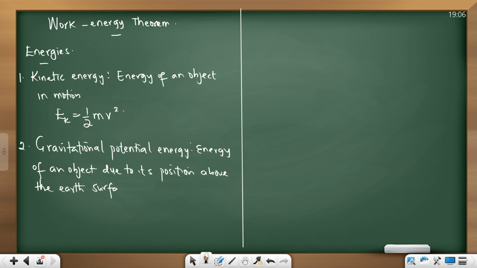Do you remember the formula? This is grade 10. EP equals mgh: mass, acceleration due to gravity, and the height. Number 3. Mechanical energy.